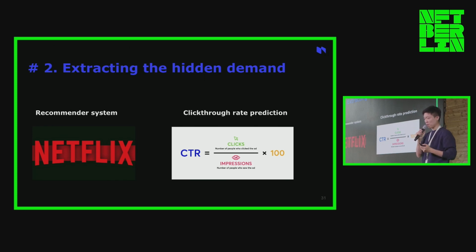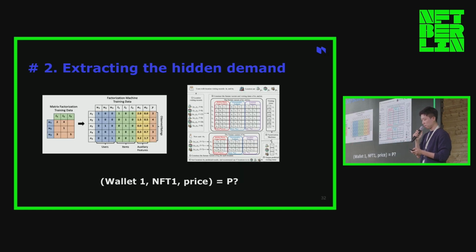For example, Netflix tries to understand how likely you are to click on a movie or watch the movie. For Google or other advertisement services, they try to predict how likely you are to click a certain advertisement.